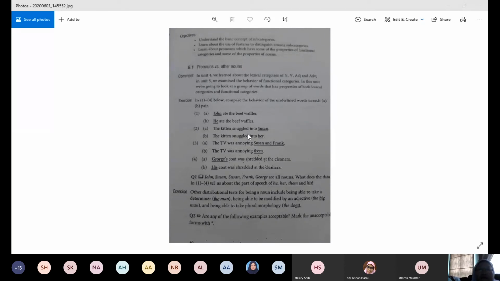We also want to mark pronouns, because we've seen that pronouns can appear in subject position, in object position, and also as object of the preposition.